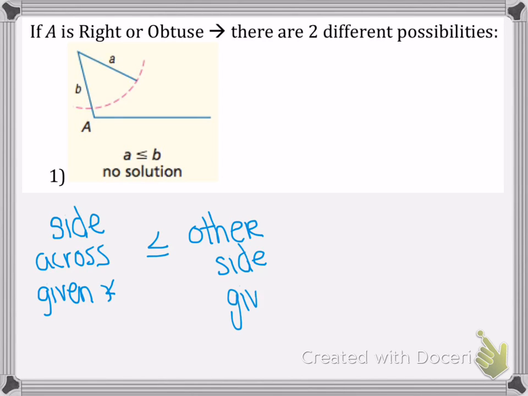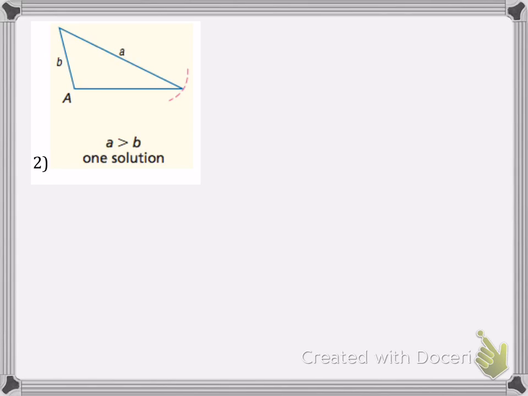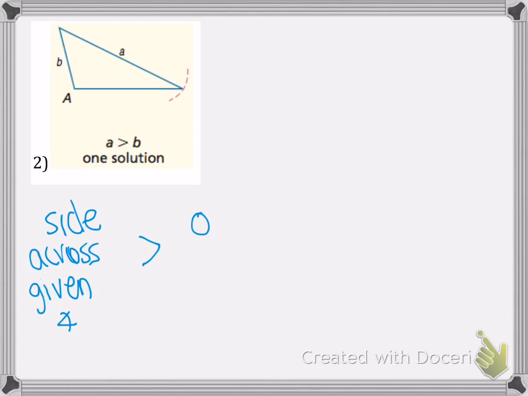That triangle does not exist. A triangle would exist if the side across the given angle is bigger than the other side. This occurs because the side across from the given angle has to be the biggest side in my triangle.